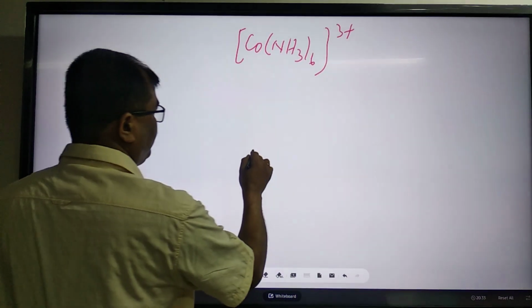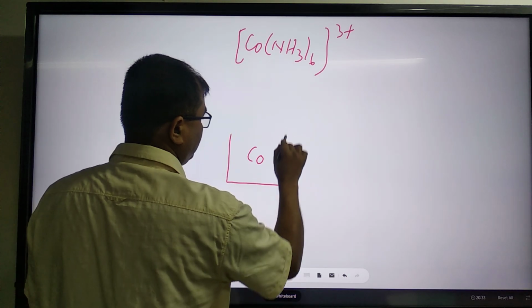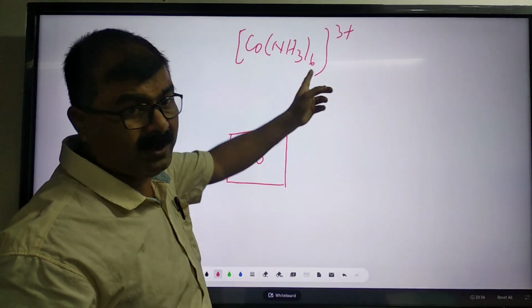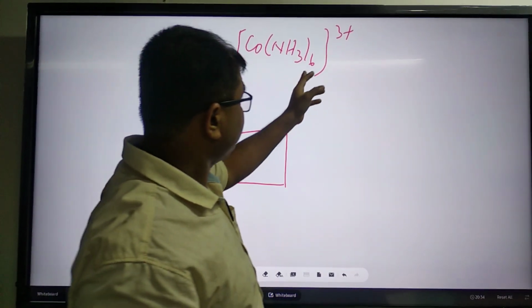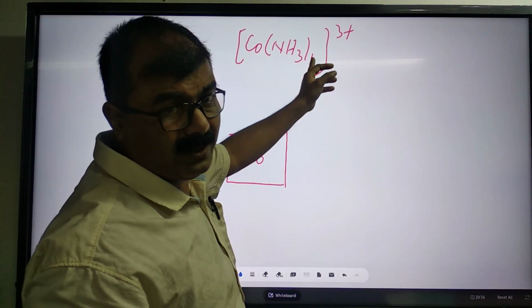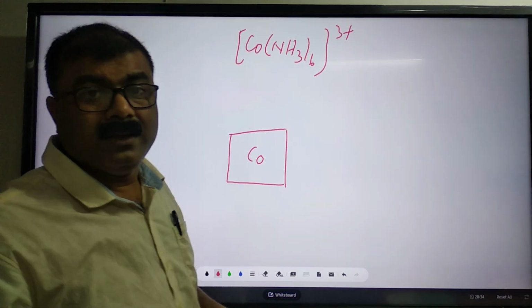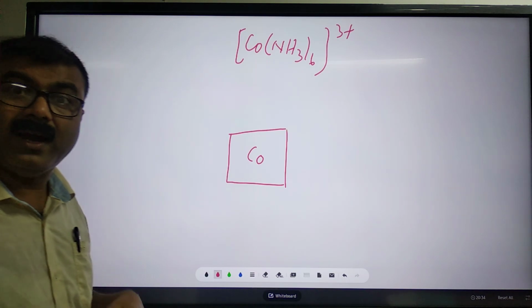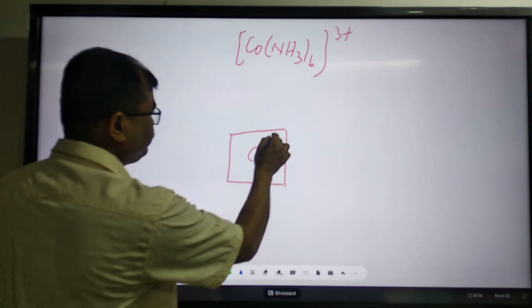How to show the dative bond? This is an octahedral species depending on the secondary valency, that is, how many ligands are attached to the central atom. The geometry is fixed, which you will learn in Werner's theory in the next class.